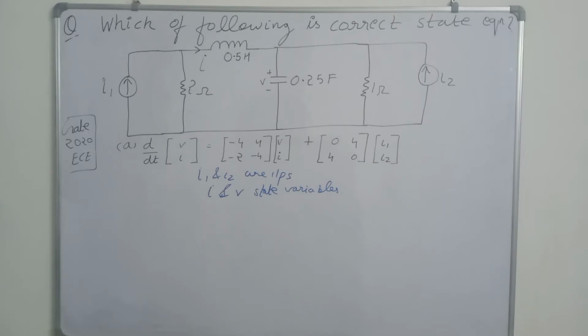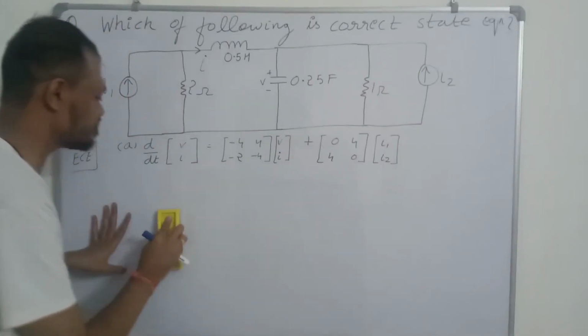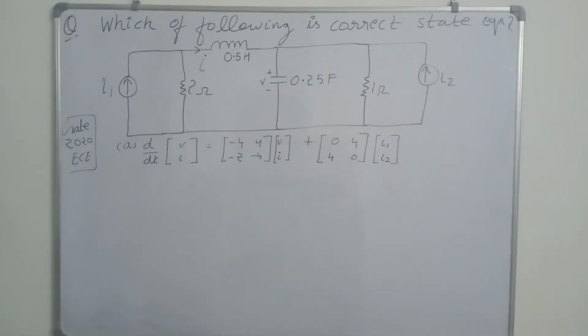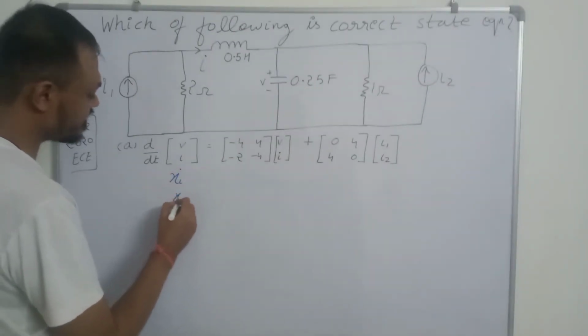The general representation of a state matrix is like this. x1 dot means differentiation.